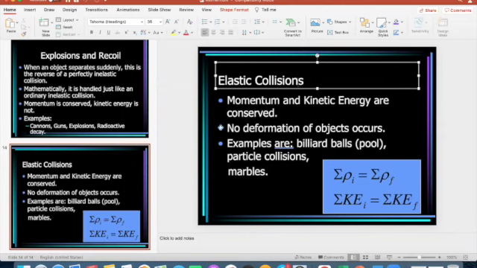There's no deformation, so the shape doesn't change. And again, examples are your pool balls when you're playing pool and the balls bump into each other. The balls aren't breaking when they bump into each other, right? They stay the same shape after the collision. Marbles are also a good example, particle collisions as well.